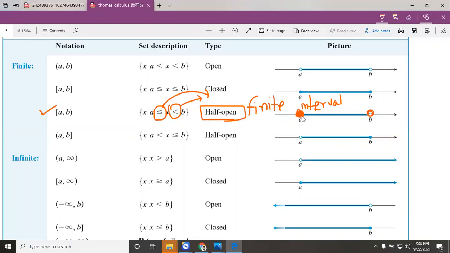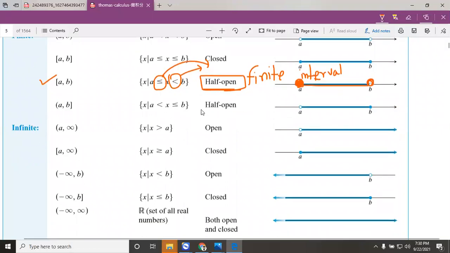So the value of x is from a to b, and the value will include a but not include b. So this is called half open. So this is also a half open interval. The value will include b, and the value will be from a to b, but this a will not be included.